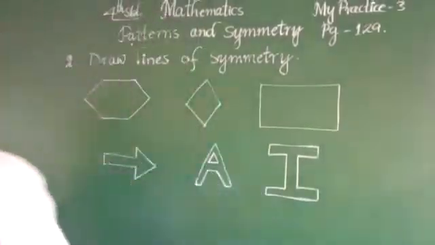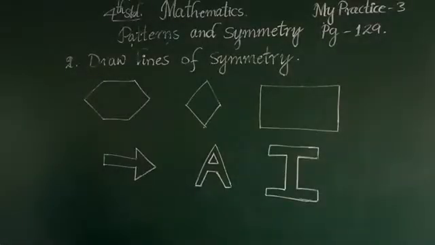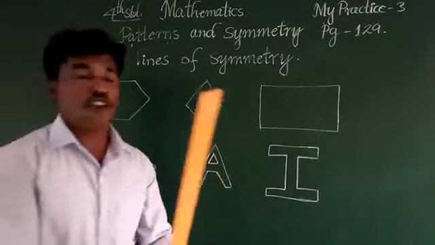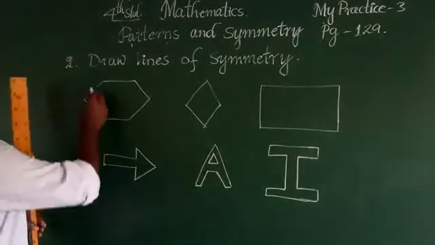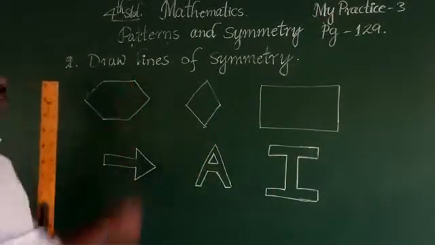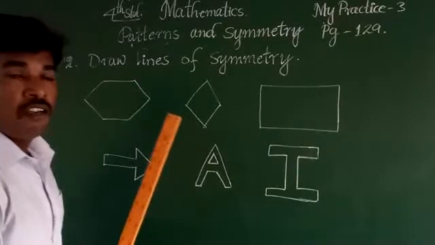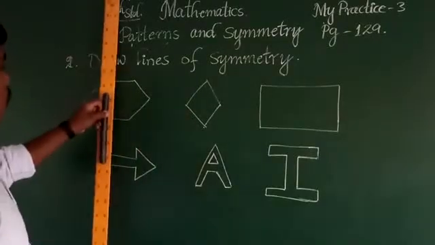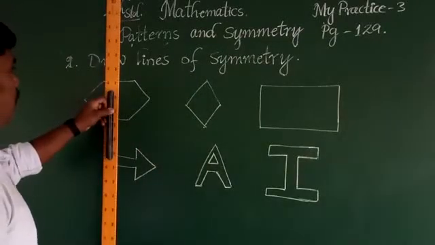Here I am going to use the ruler to draw the line of symmetry. So this is 1, 2, 3, 4, 5, 6. It has 6 sides. We can say that it is a hexagon. How many lines of symmetry can it have?